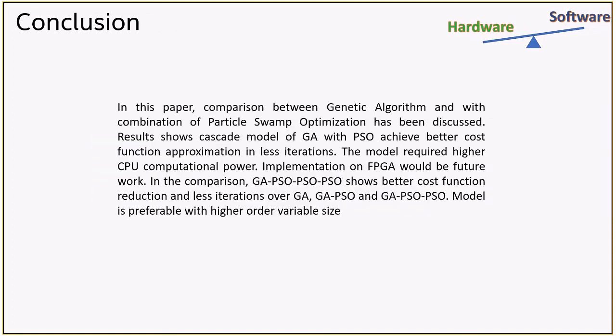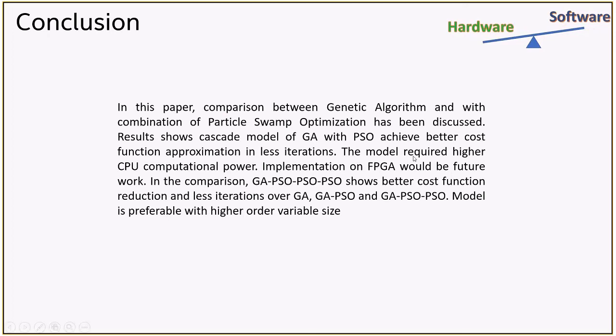In conclusion, I have compared the genetic algorithm with a combination of particle swarm to give a hybrid level approach. Results show that when you cascade GA and PSO over 3 levels, it can achieve a better cost function within less time, fewer iterations.